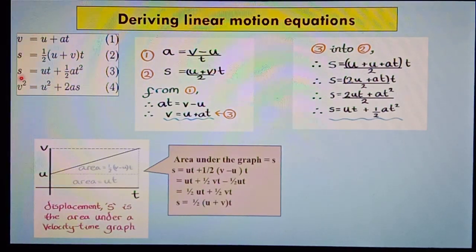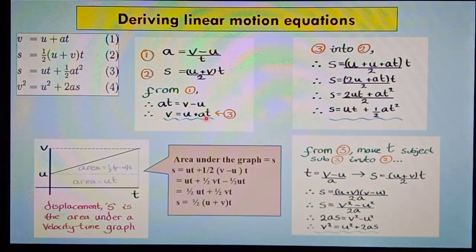Now the last one. From 3 here, or from 1 also can, you make t the subject. You will get t equals v minus u divided by a. Then you substitute this into equation 2, s equals (u plus v) divided by 2, times t.